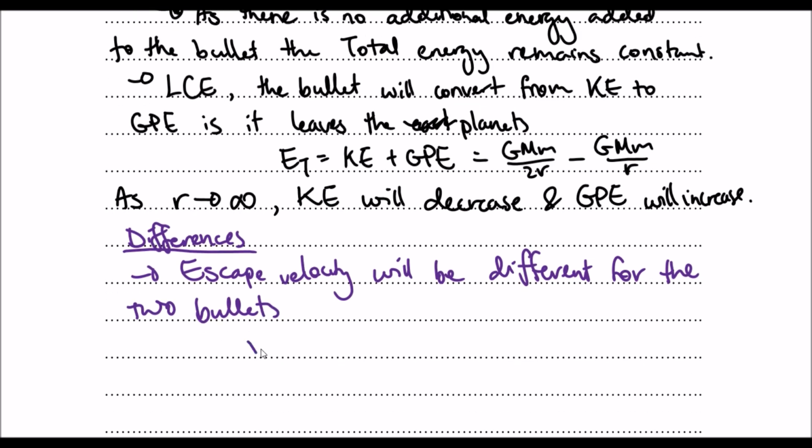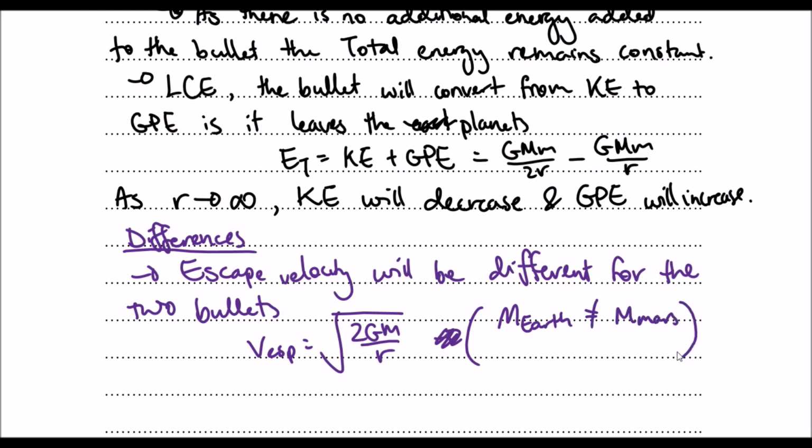So we know that the formula for escape velocity is the square root of 2GM over r. Okay, and what we do know is that the mass of Earth is not equal to the mass of Mars, nor is the overall radius of the Earth equal to the radius of Mars.